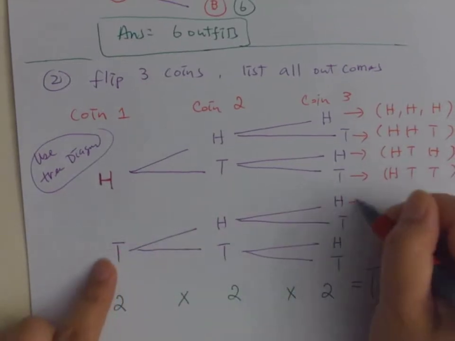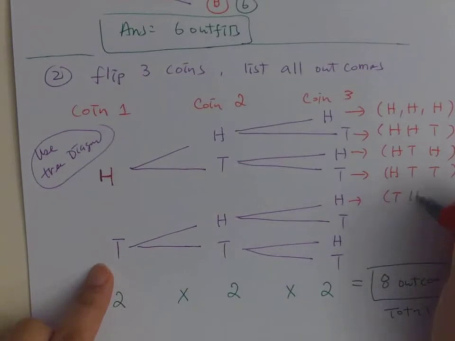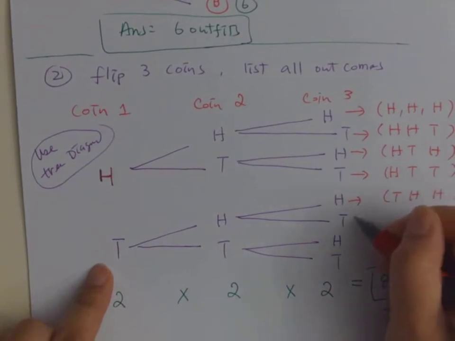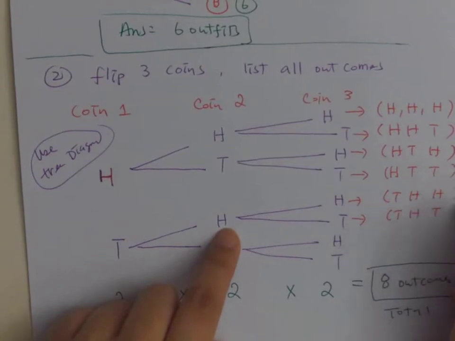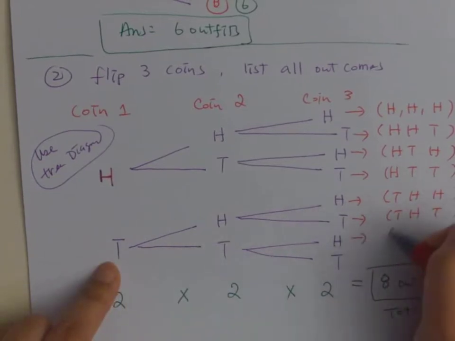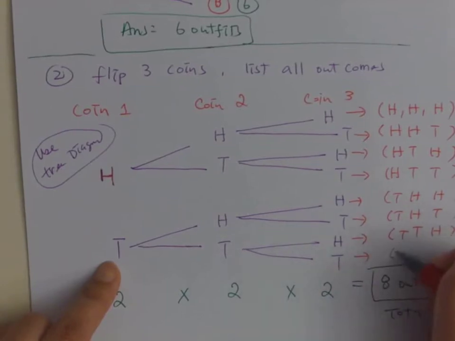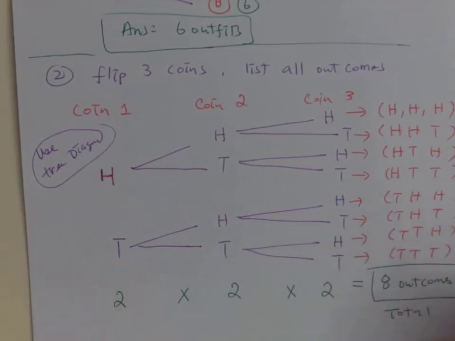Then tail, head, head, tail, head, tail, tail, tail, head, and then tail, tail, tail. So you can list them out also.